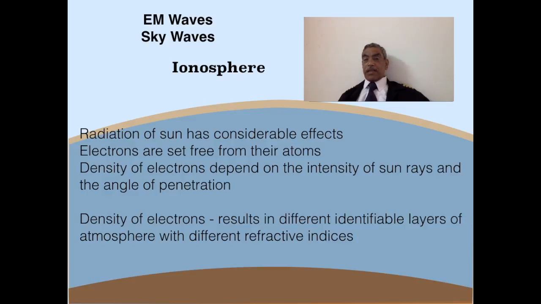Now, as we learned, the travel direction and speed of the EM waves depend on the density of the medium, which is going to have a considerable effect. That's what we are going to learn further.